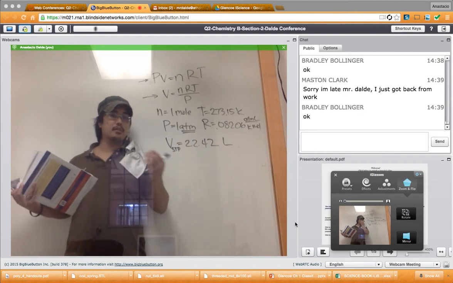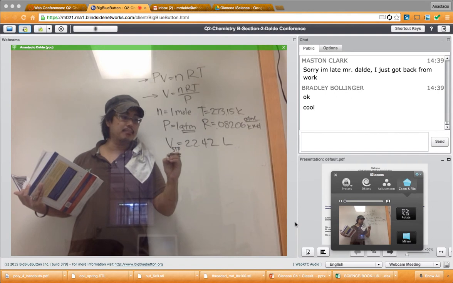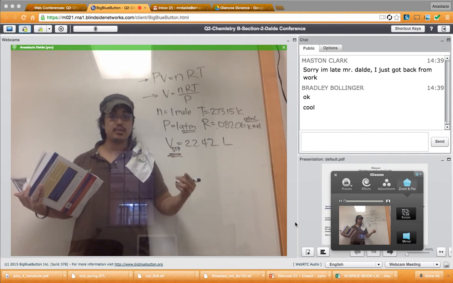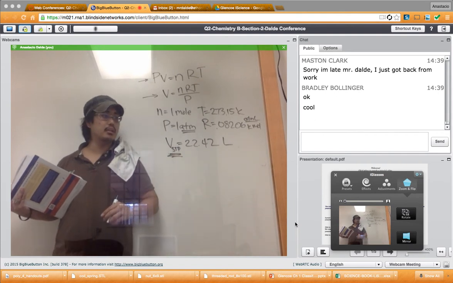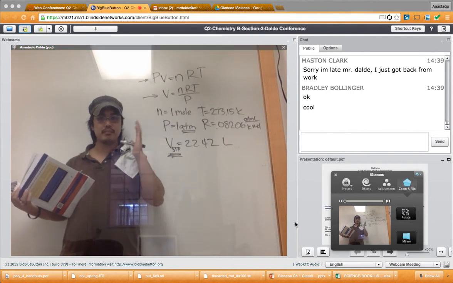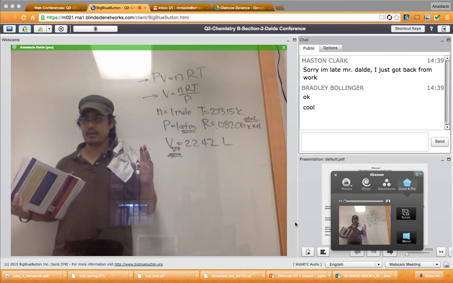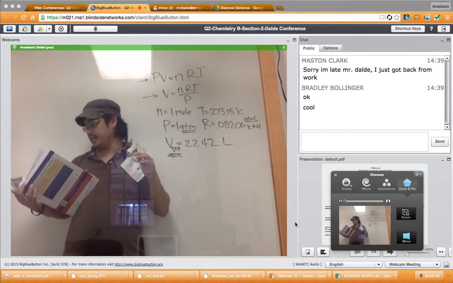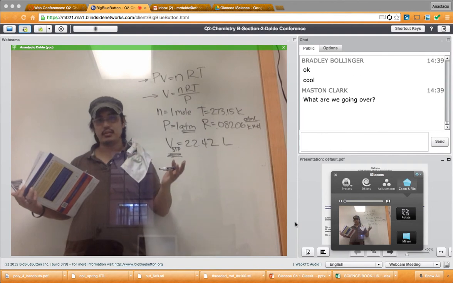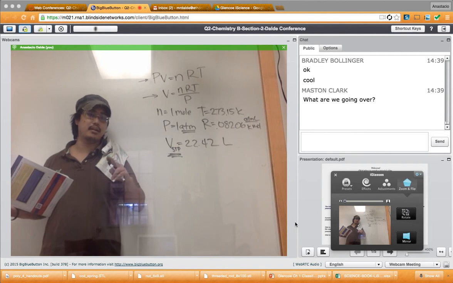So the volume at STP, which is standard temperature and pressure, is 22.42 liters. It's about the size of a giant beach ball. A giant beach ball, which we have a lot of in Hawaii because we're surrounded by the beach, is about the size of 22.42 liters. So that's how much gas there is.